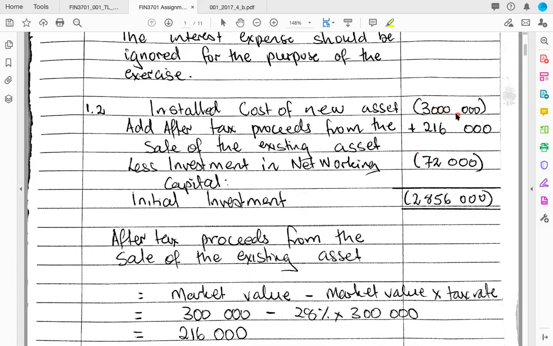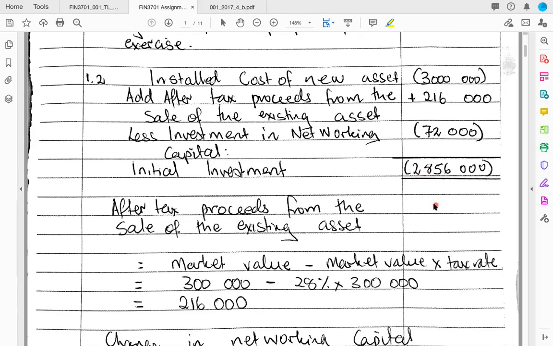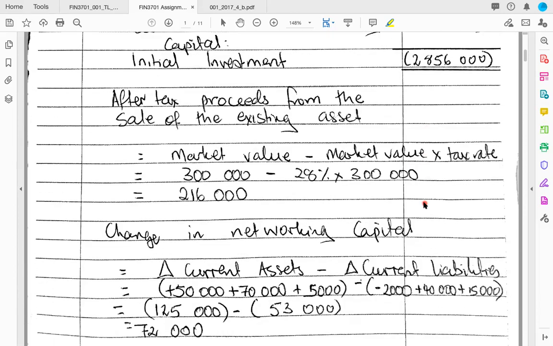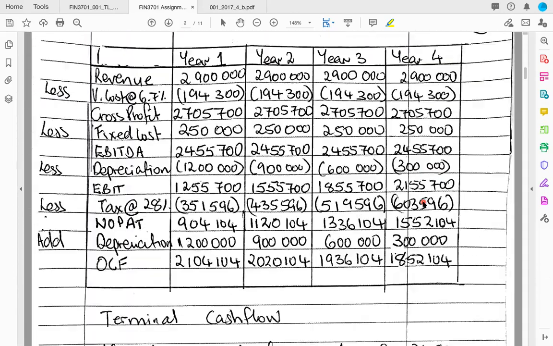Installed cost of the new asset, which is 3 million. You add your after-tax proceeds from the sale of the existing asset, which is 216,000. And then you subtract your investment in net working capital, and you get minus 2,856,000. So that's how you do your initial investment calculation.